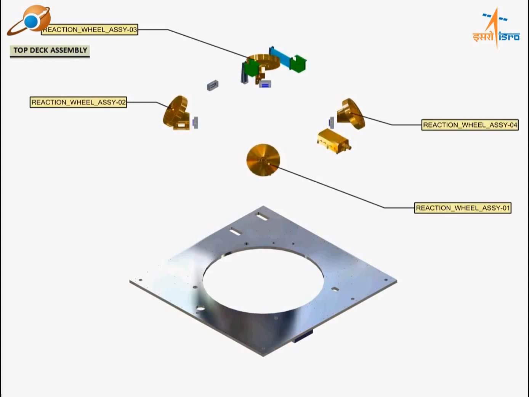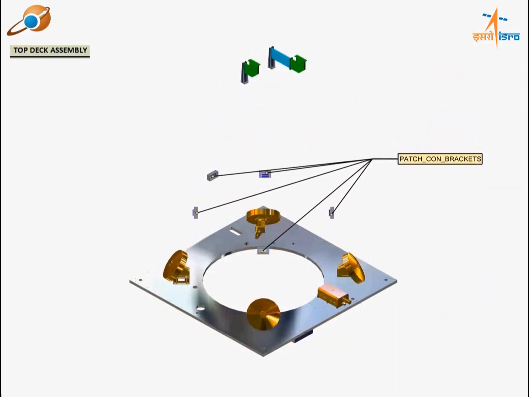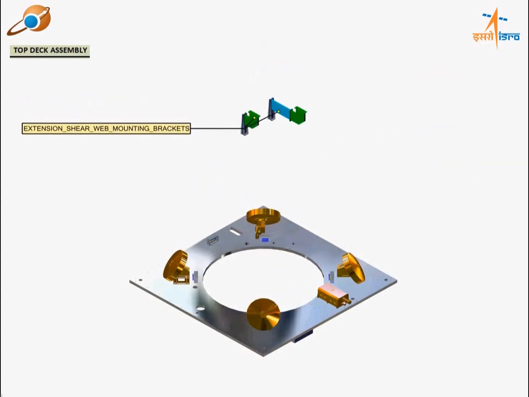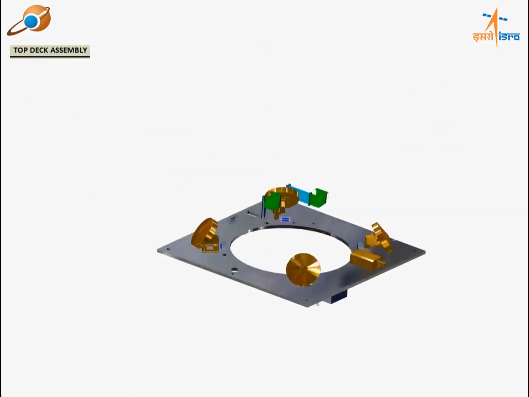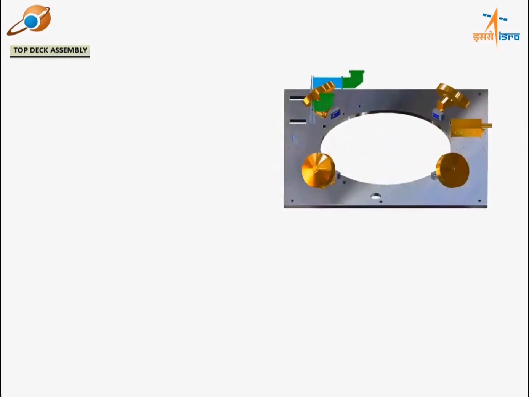Lyman alpha photometer, that is the lab payload, is mounted outside this panel looking towards the Mars surface. The sensor processing electronic package is mounted inside this panel.